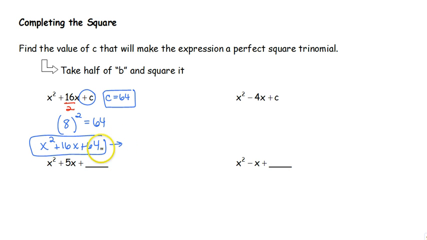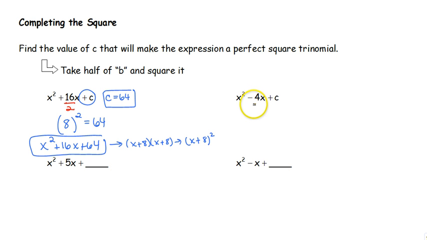And if I were to factor that, two numbers that multiply to 64 and add to 16, that's 8 and 8, which would be (x plus 8) squared. So everything's kind of tying together here. We're trying to complete the square to create that perfect square trinomial.